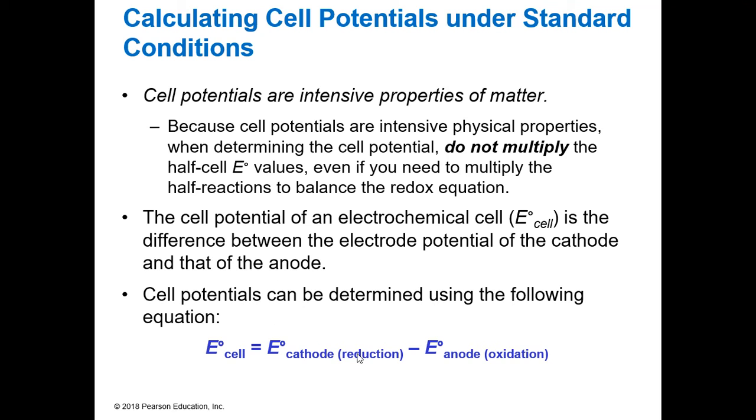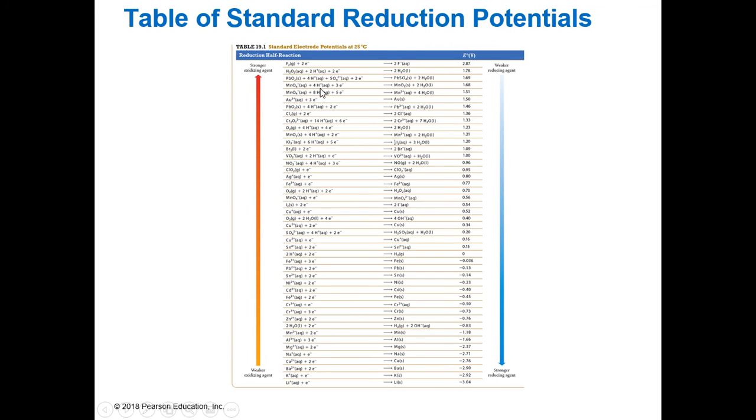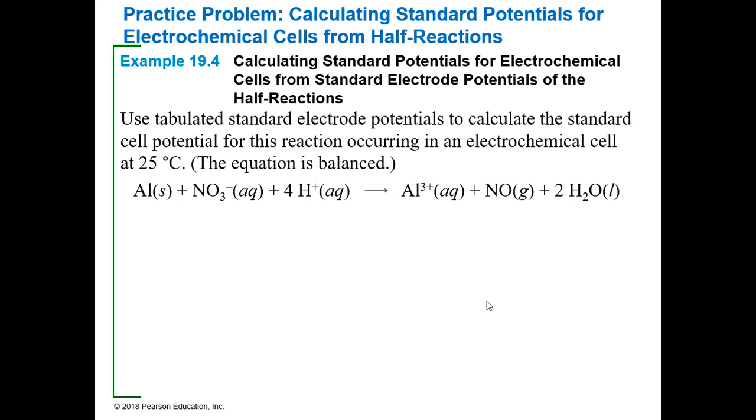So even though reduction is happening at the cathode, you're going to take the reduction potential minus the reduction potential of E naught of the anode, and you're going to get E naught of the cell. So these numbers here, you are never going to change them. Don't ever change their sign. Don't ever multiply them by anything, by 2, because you multiply the reaction by 2. No, these are your values. They are intensive properties of matter.